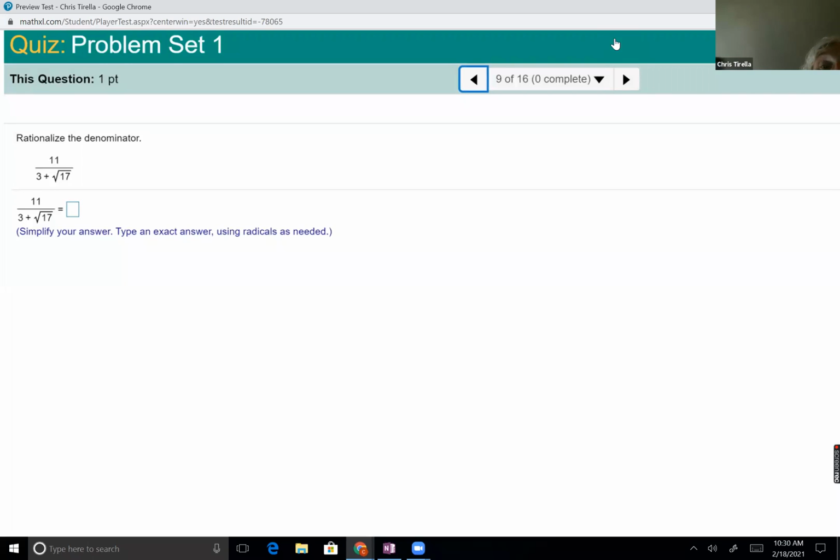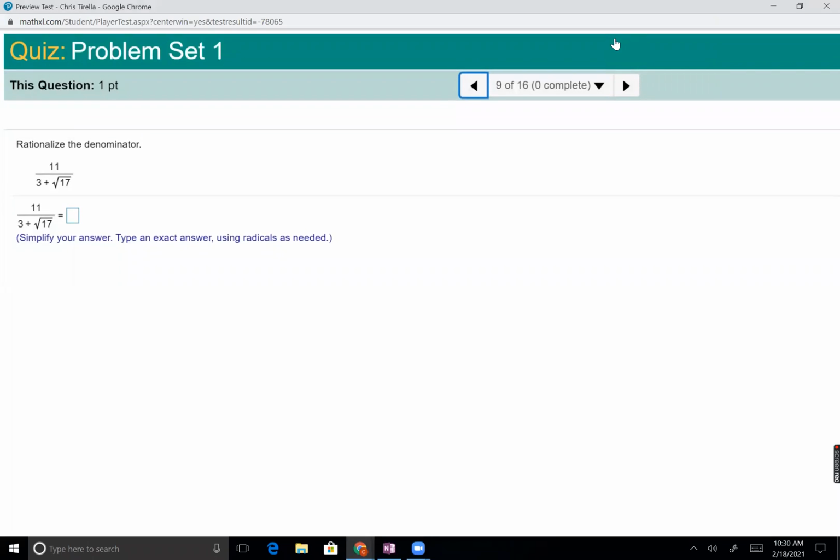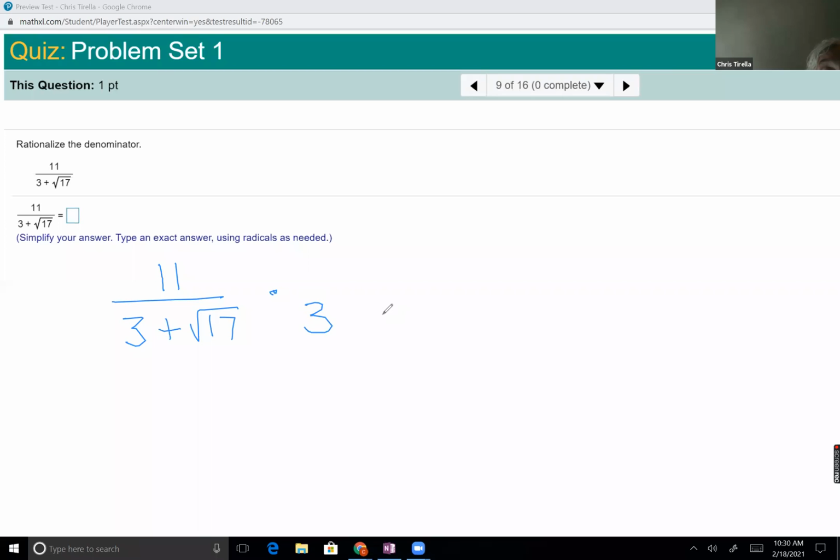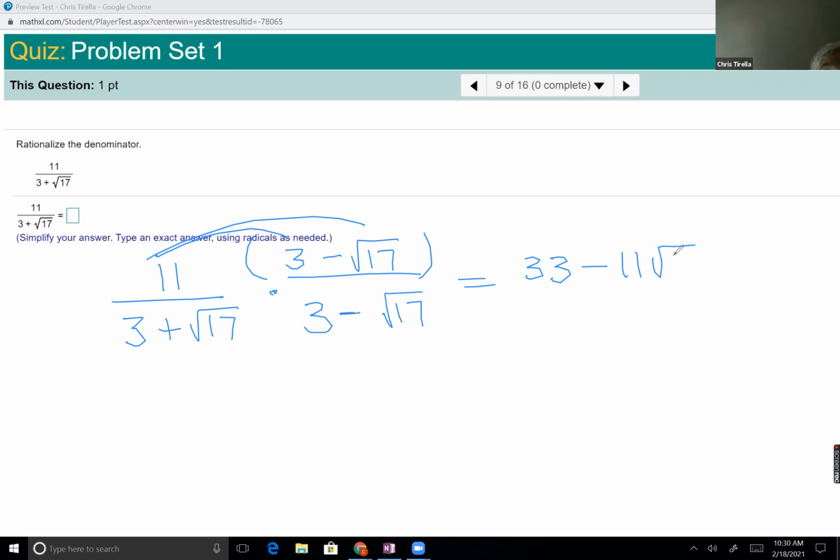Rationalizing the denominator. Can we go over this one? Sure. Again, we need the conjugate of that denominator. We're going to keep the same things, 3 radical 17. Instead of a plus, we're going to put a minus. In order to multiply the numerator, we distribute: 33 minus 11 radical 17.